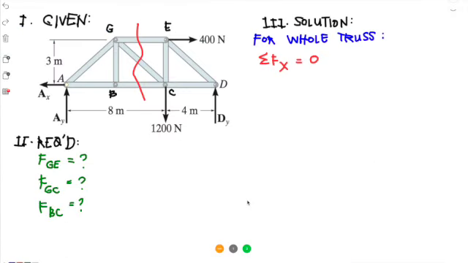So like what we are always doing, we will be doing a systematic computation for this. The first step would be to identify the given, and that includes drawing the free body diagram of the problem. So as you can see here, this is the same truss free from its surroundings, and where all the external forces are identified.